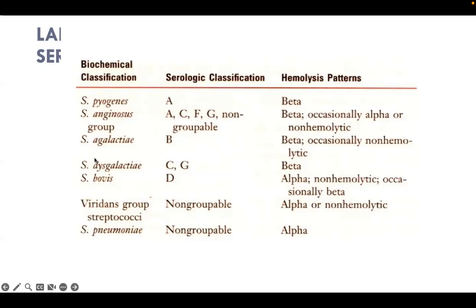Now, tip. Always remember the hemolysis pattern. We have beta, the following: pyogenes and agalactiae. The anginosus, you don't have to memorize that. The dysgalactiae, you don't have to memorize that. The alpha is going to be viridans, pneumoniae, and bovis.